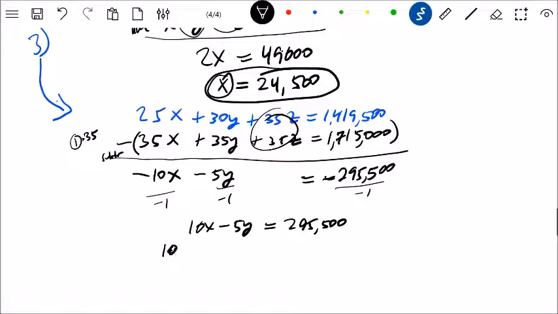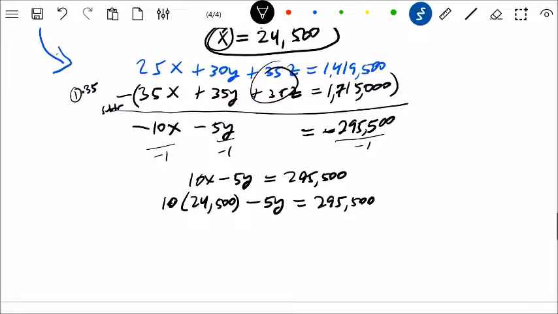I already know what x is, so I can put that in here. 10 times 24,500 minus 5y equals 295,500. So this comes to 24,500, one more zero, 245,000. And I'm going to subtract that from both sides.